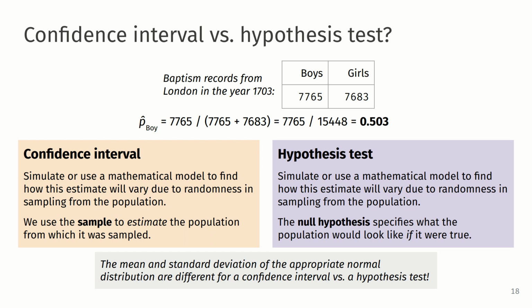We're basing our simulations on how our sample would look if the null hypothesis were true. The point being that even though we're going to be using the normal distribution in both to do both a confidence interval and a hypothesis test, the mean and standard deviation of the appropriate normal distribution are different for these two different applications. So we'll see that in a second.